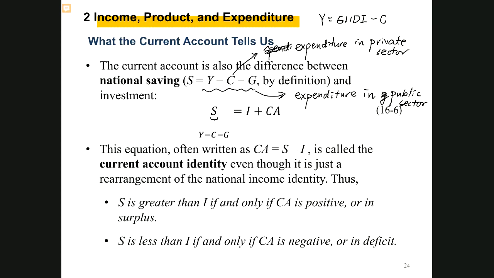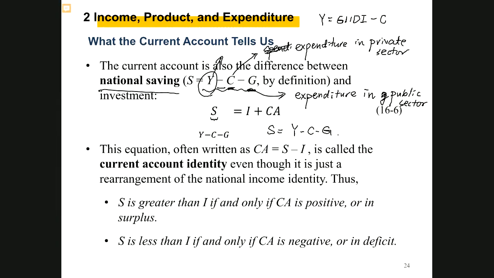So what is this? This is the national income. Y represents national income, and national income minus consumption, the expenditure in private sector, minus the expenditure in the public sector. So we give it an N, it's called national saving, right? So saving is equal to income minus expenditure.